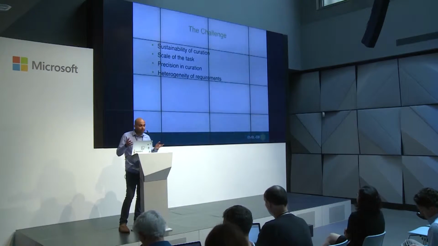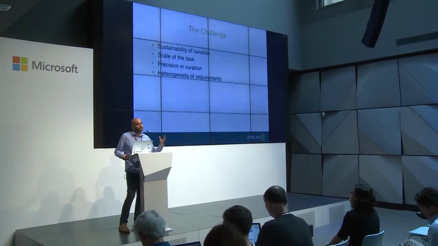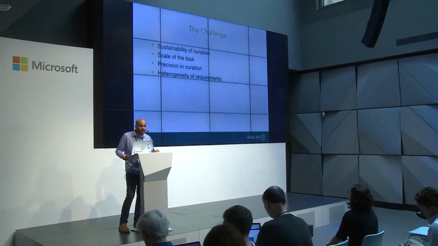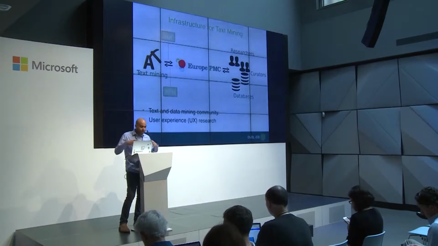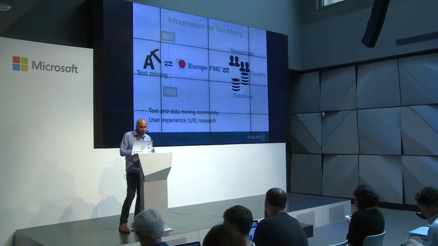Curators have to go through every paper and upload the corresponding information to the respective databases. This is time consuming and very cumbersome. And so essentially, this is why we need annotations.